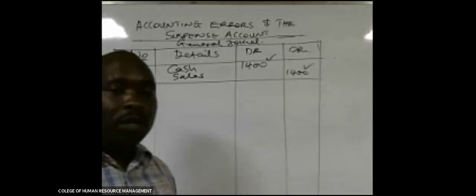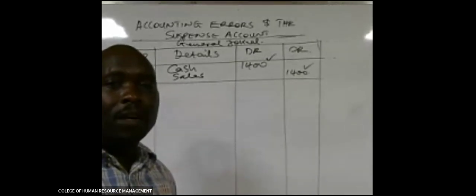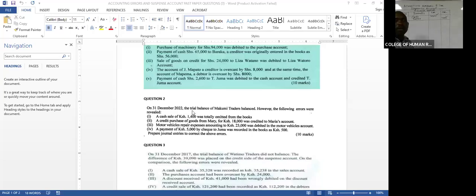And actually, when I was reading this question, I started by mentioning that, because the way the question read, on the 31st of December 2022, the trial balance of Makumi Traders balanced. That is very powerful. It balanced. Therefore, all these errors listed here don't affect the trial balance. If they could have affected it, the trial balance could not have balanced. So none of these errors will require suspense, because they are errors which do not affect the trial balance totals. So we don't use suspense here.